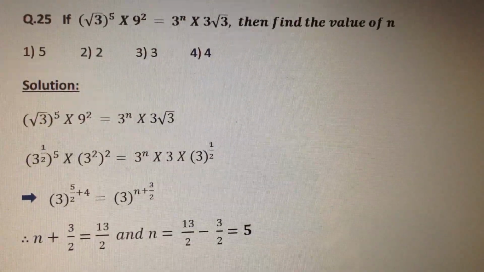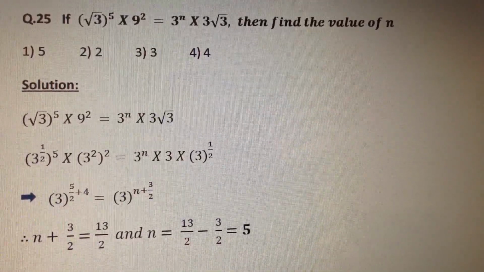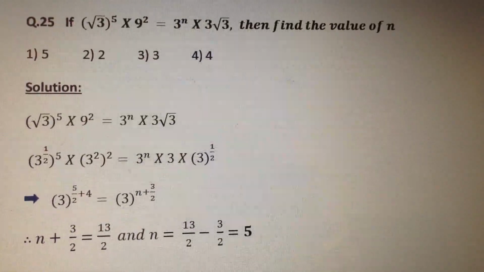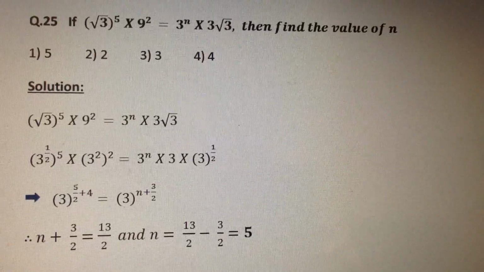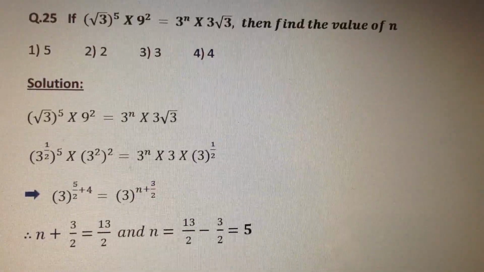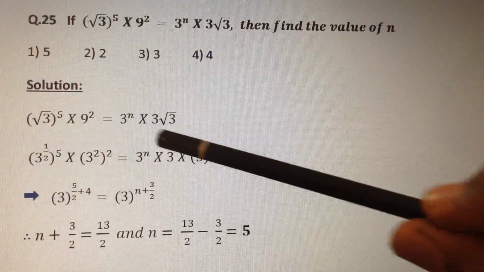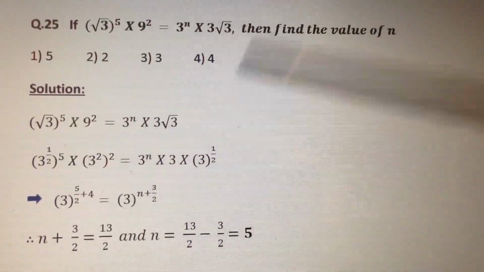Next question. If root 3 to the power 5 into 9 square is equal to 3 power n into 3 root 3, then find the value of n. Root 3 to the power 5 into 9 square is equal to 3 power n into 3 root 3. This is the given equation.